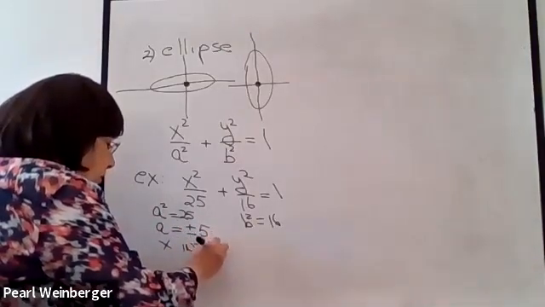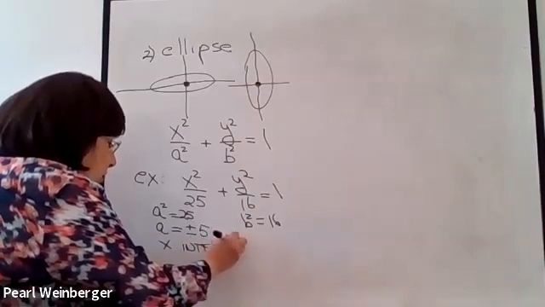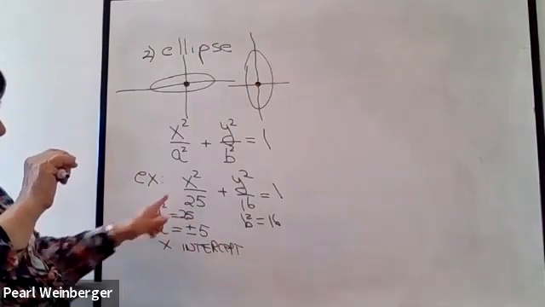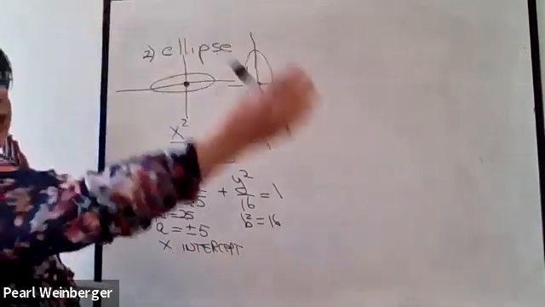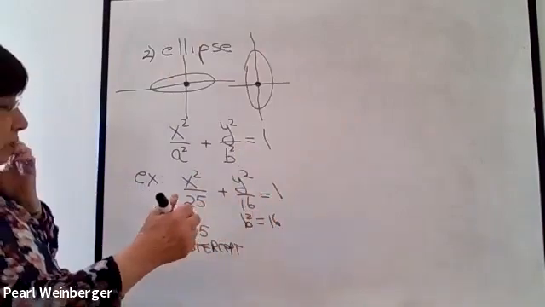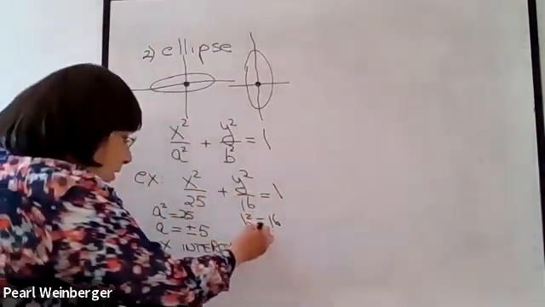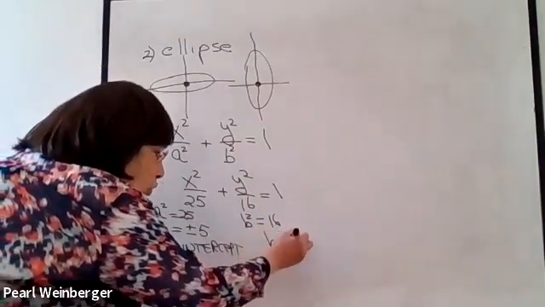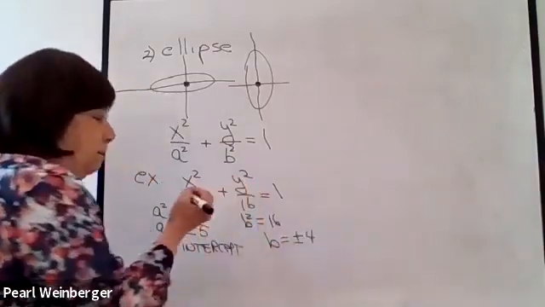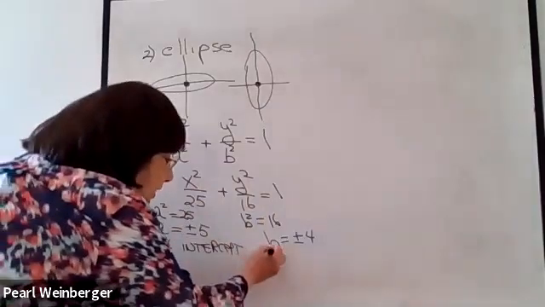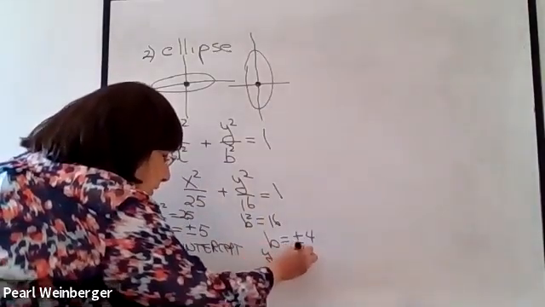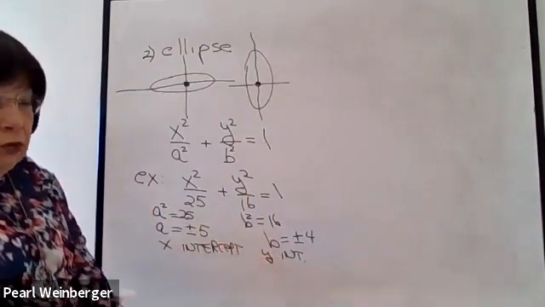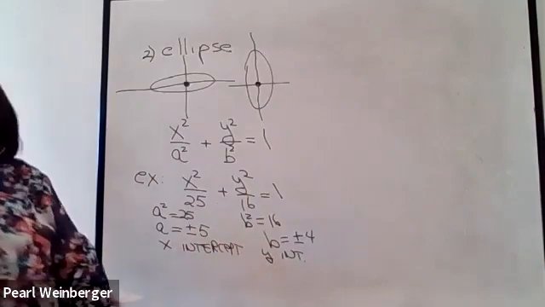It's where the graph is going to cross the x-axis. It'll cross, if the a squared is 25, at either positive 5 or negative 5. The b squared, if the b squared is 16, that means the b has to either be positive or negative 4. The b is the y-intercepts. It's telling us where the graph is going to be crossing the y-axis.